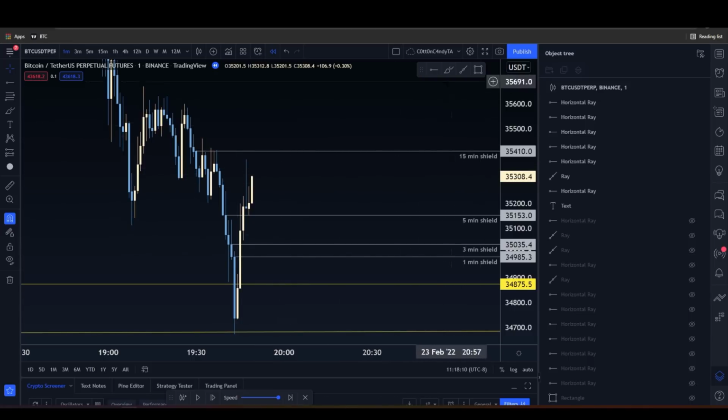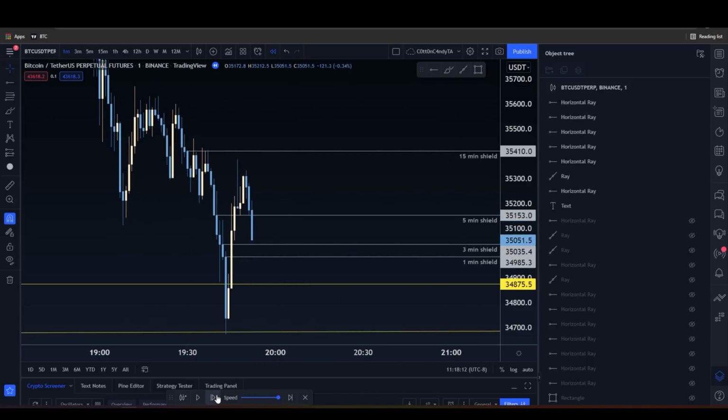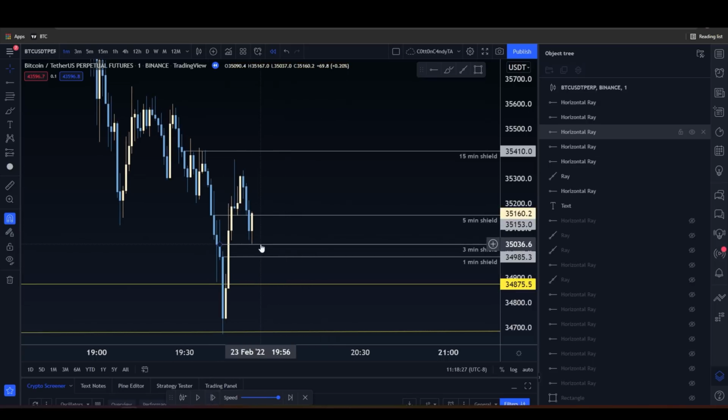And it really gives you a great way that you can start thinking about protecting your positions after you enter them. And if all your shields break, then you should start to really think about getting out of this trade. So we're starting to get under this 5 minute shield, and we're just walking through this thing. You hit your 3 minute hold level, your 3 minute shield. I would wonder in this moment if you had closed the 5 minute shield.